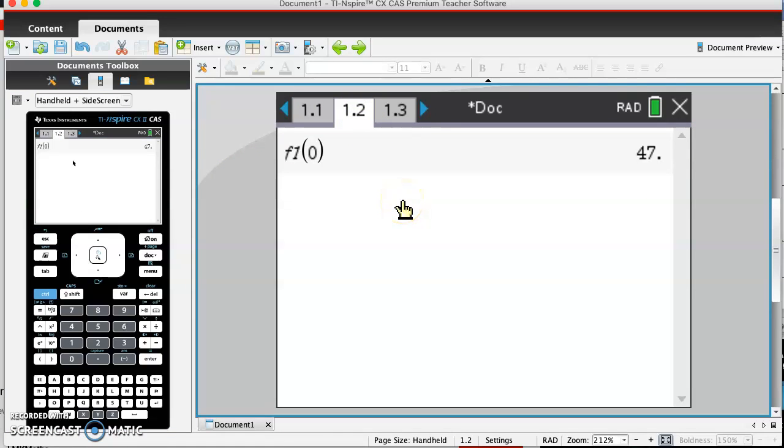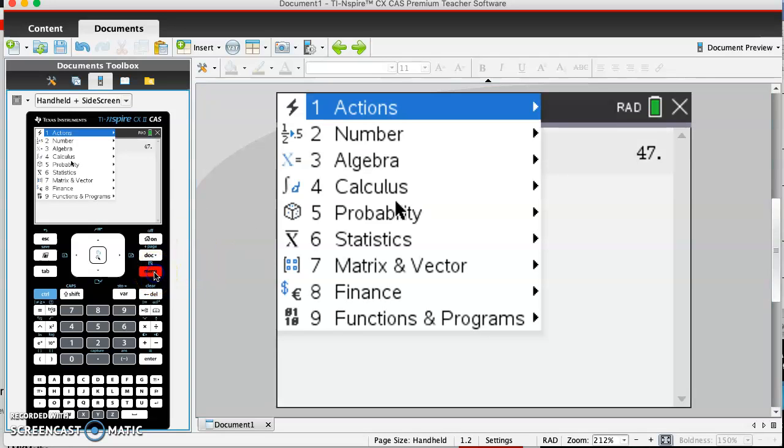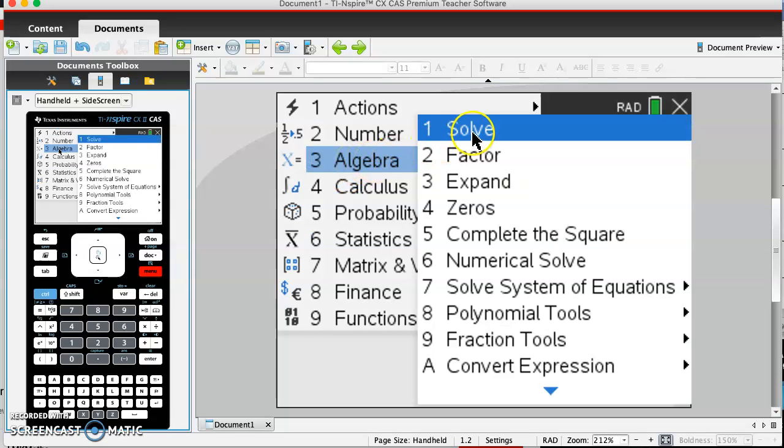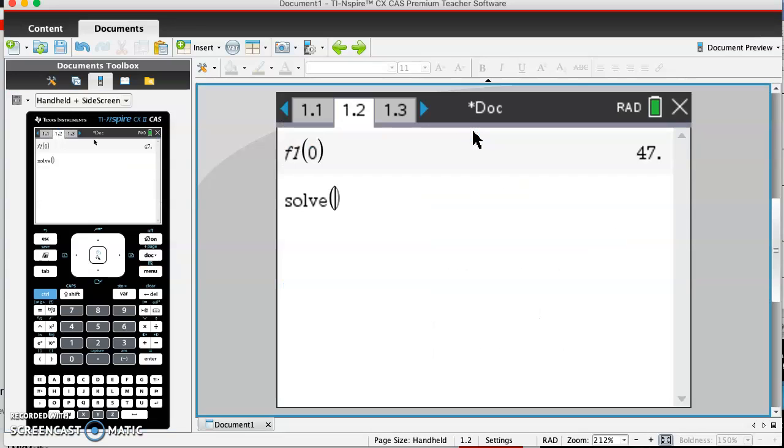If I wanted to figure out x-intercept, then the way to do that is I go to Menu, Algebra and Solve, and I want to know what is the x value when the y value is 0. So the y value equals 0. That's the function number 1.